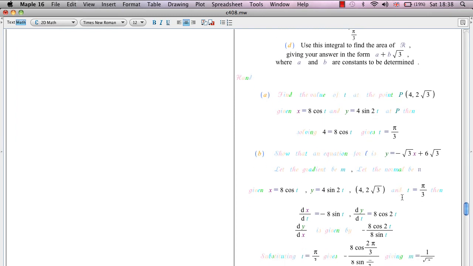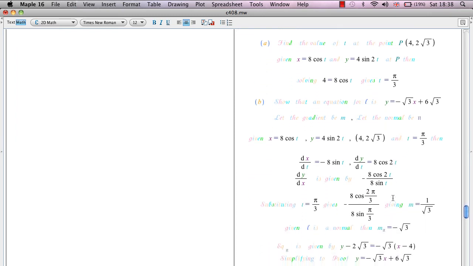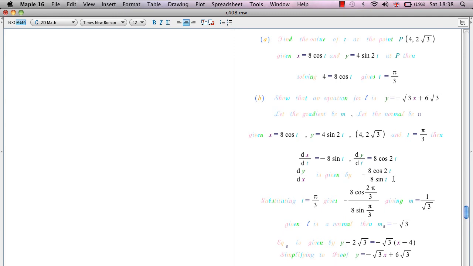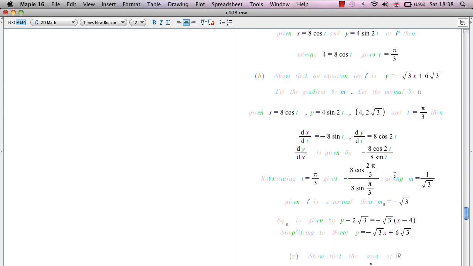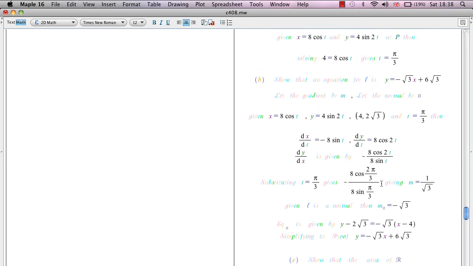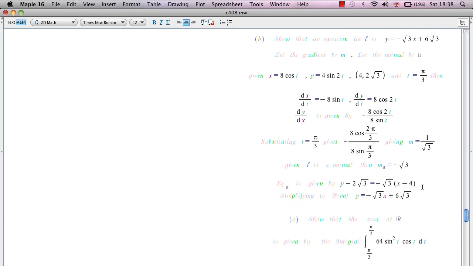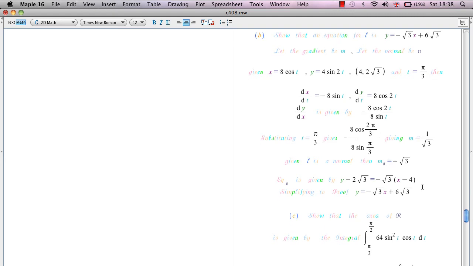So for the equation of the normal in B, differentiating for an expression for dy dx for parameters, and substituting t equals pi over 3 gives our gradient, and the normal gradient will be minus root 3. So then using the point given with the gradient simplifies to the proof required.